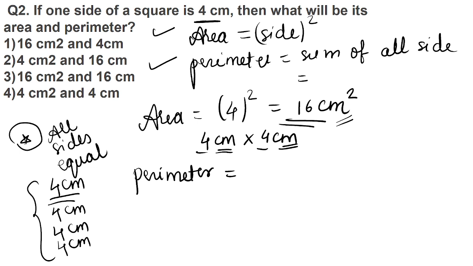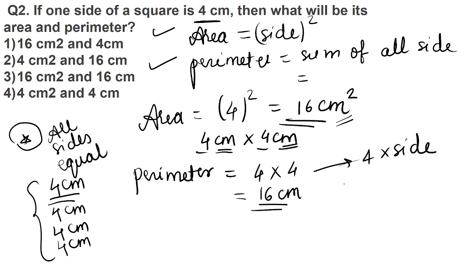Take the summation of the 4 sides or simply do 4 times the side. One side is equal to 4 centimeter. So 4 into 4, 4 fours are 16 centimeter. Done. Now here you must be wondering, ma'am, why is it not 16 centimeter square? Students, the formula is 4 into side.